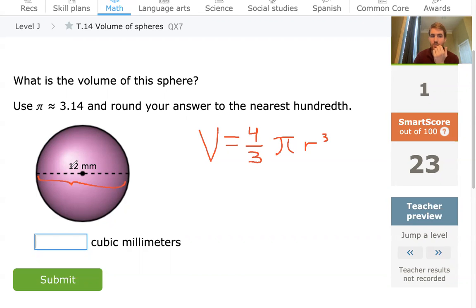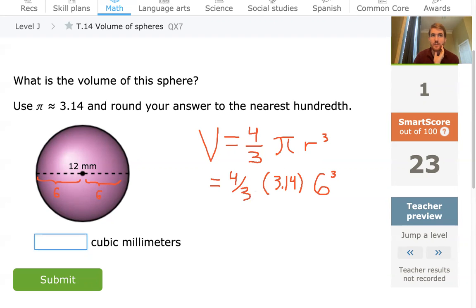So if the diameter is 12, well, the radius is going to be half of that. That means it will be 6. So for r, we will put in 6. Of course, it's r cubed. For pi, we have 3.14. And like I said, we're just going to leave 4/3 as a fraction because I don't want to round. It might tell us that we got the wrong answer.